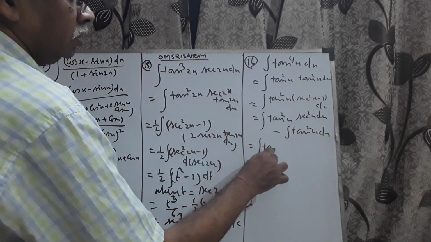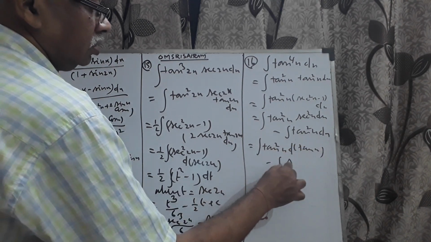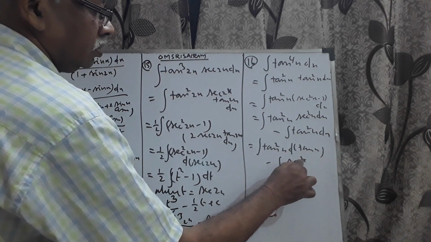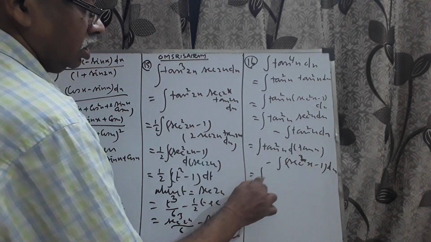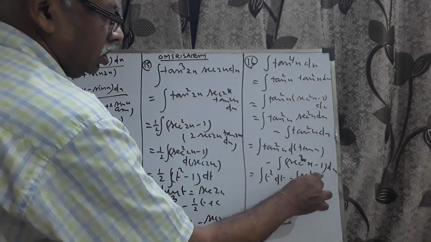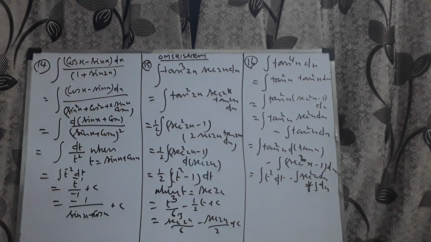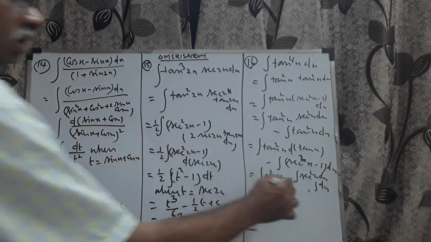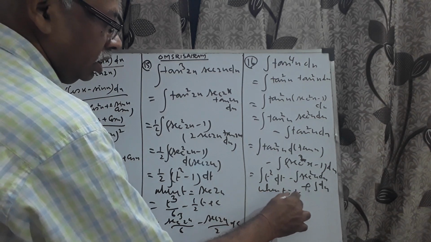This is tan square x d of tan x minus integral of (secant square x minus 1) dx, which becomes integral t square dt minus integral secant square x dx plus integral dx ultimately, where t is equal to tan x.